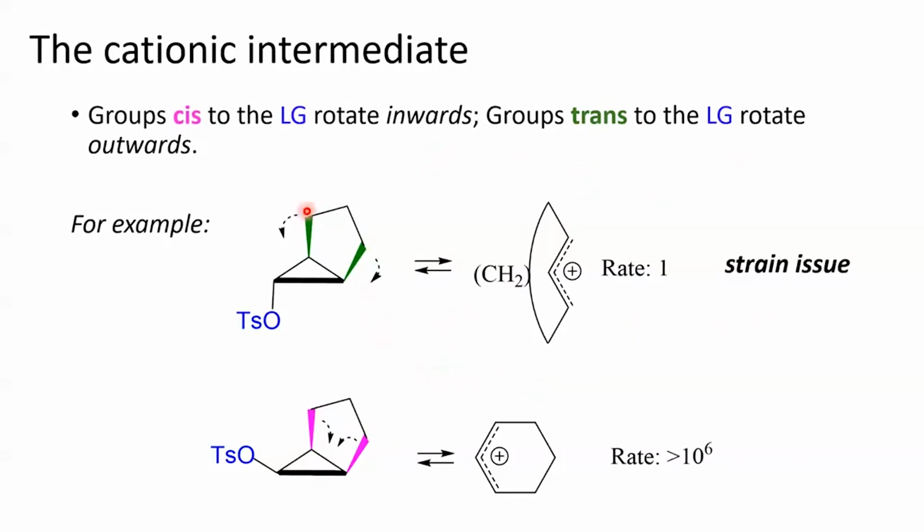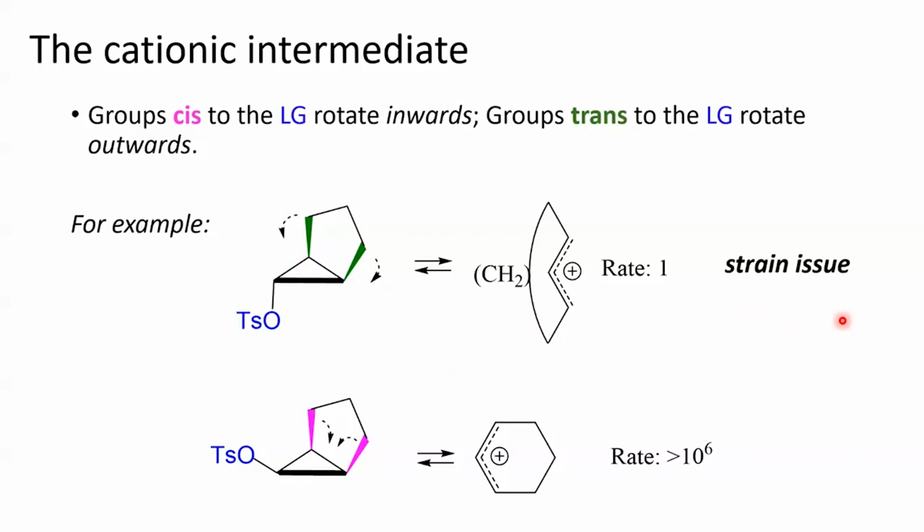The same holds true if the R groups are tethered together into a cyclic system. Now when the leaving group is trans to the tethered R groups, it wants to open up by rotating these p orbitals outwards, and it creates this sort of nonsensical structure I've drawn here, and this has a serious strain issue.